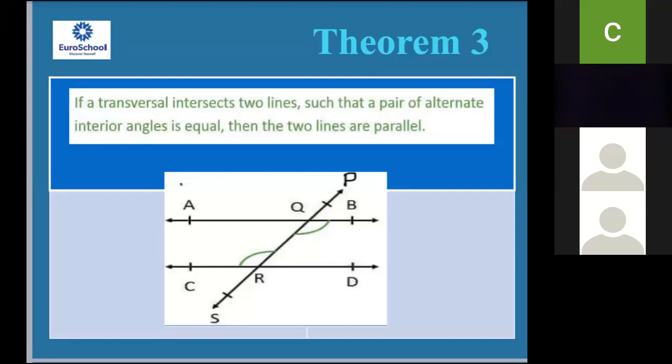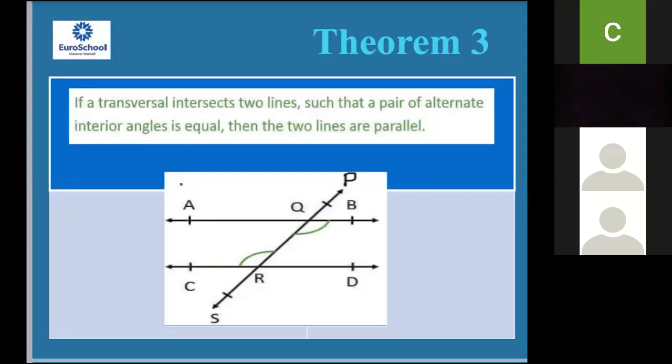Yes. In theorem 2, the resultant is that alternate interior angles are equal when lines are parallel. But in theorem 3, it is the converse, the reverse of theorem 2. In this case, alternate interior angles are equal, so it says that when alternate interior angles are equal, the lines are parallel.